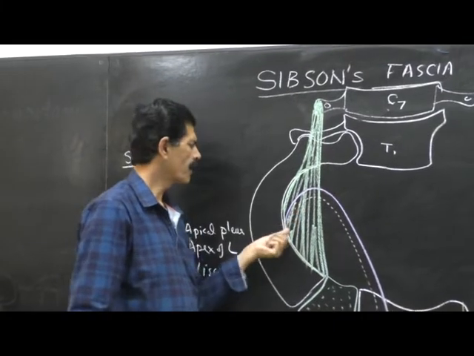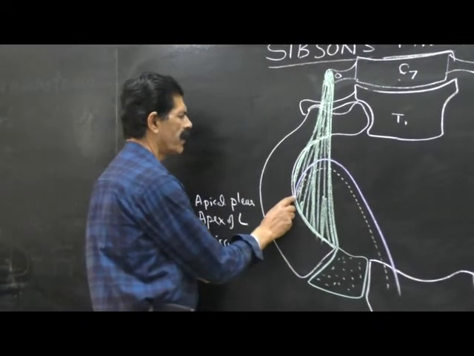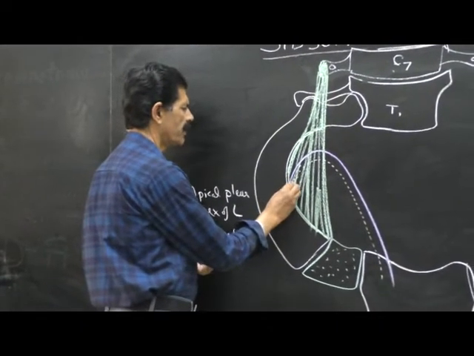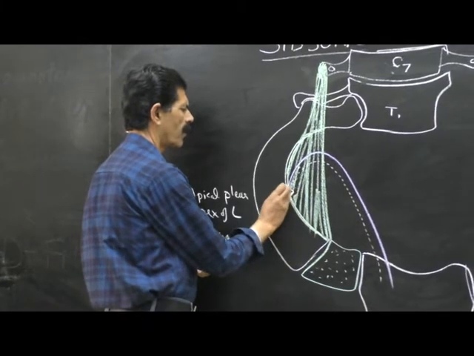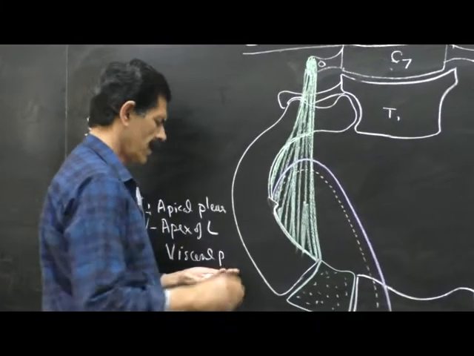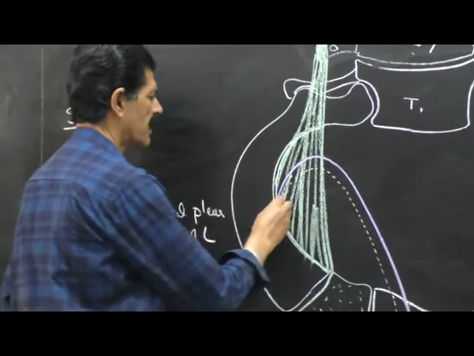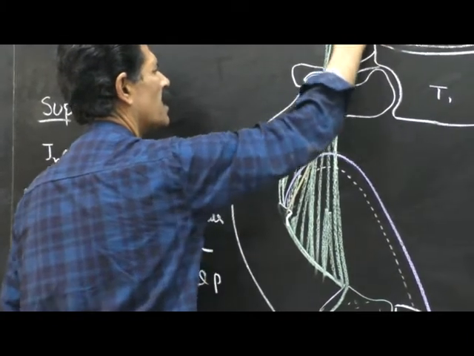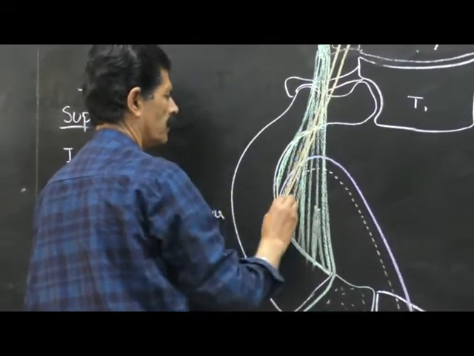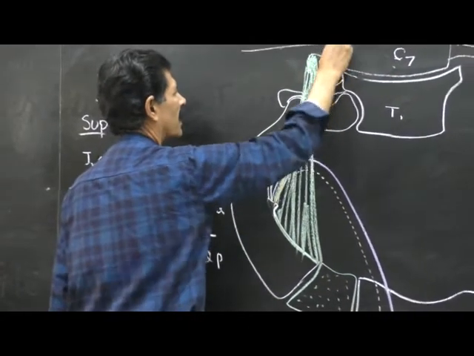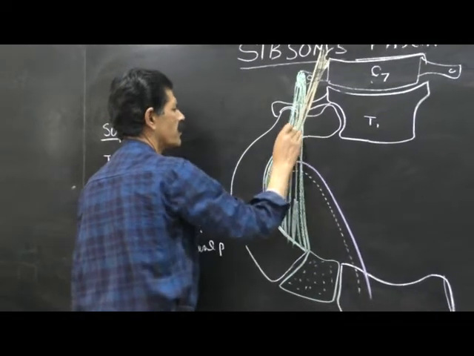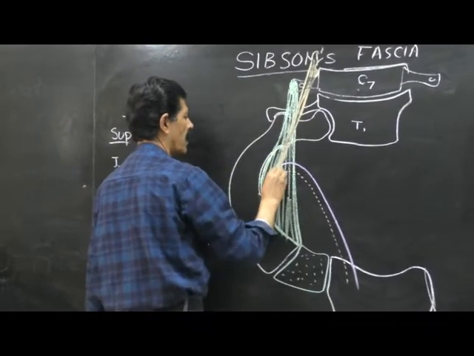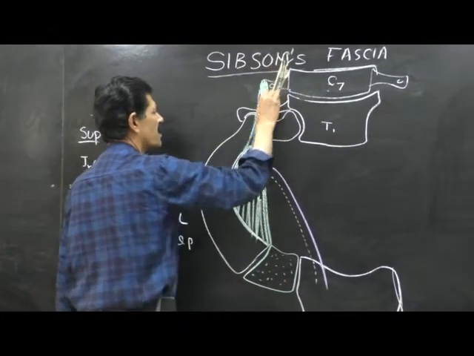As we already know, there lies the scalene tubercle on the inner border, and to the scalene tubercle is inserted the scalenus anterior muscle. So the scalenus anterior muscle comes in its superior relation. It lies above this Sibson's fascia.